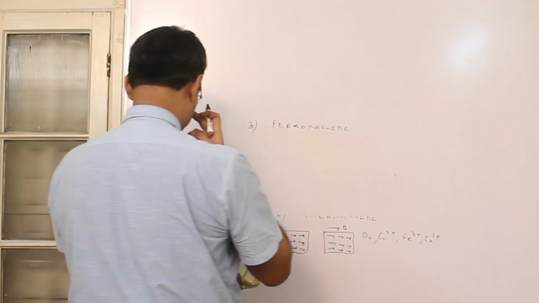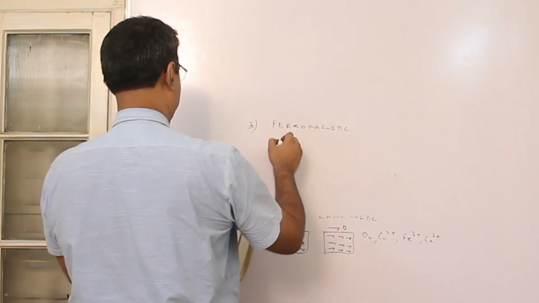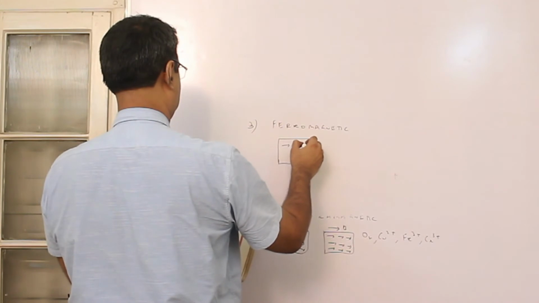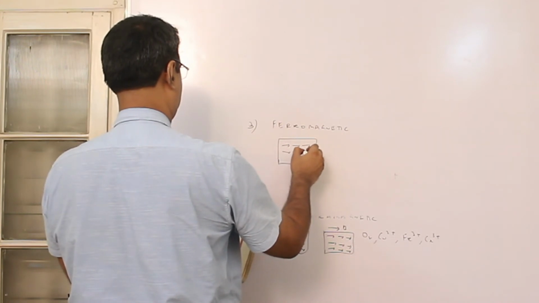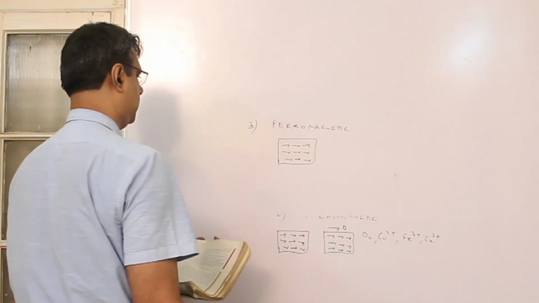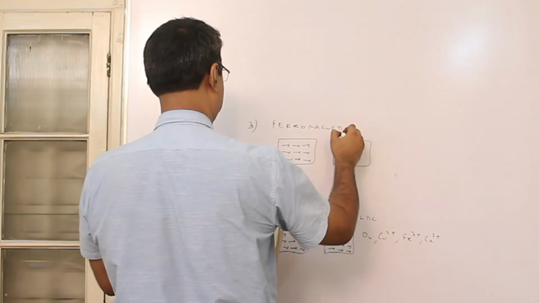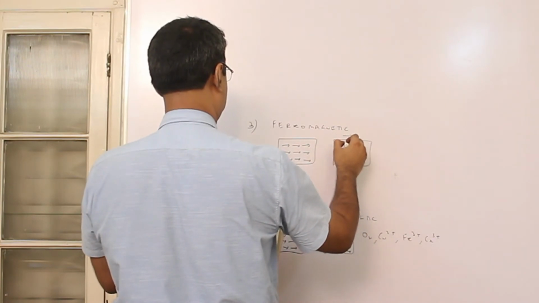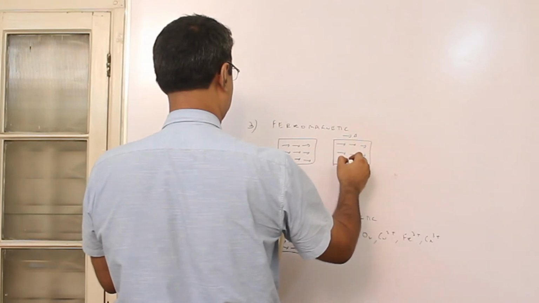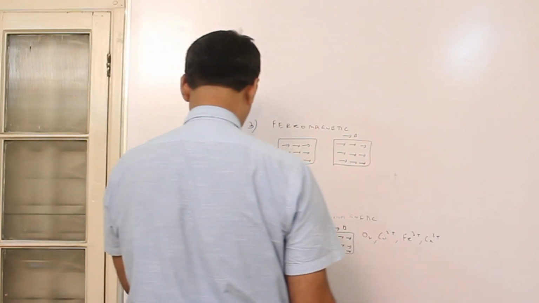Next we come to ferromagnetic substances. In ferromagnetic substances, the dipole alignment is pretty strong even before we apply the external field, but after applying the external field, it becomes further strengthened.